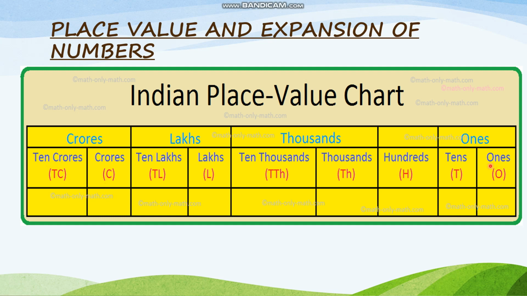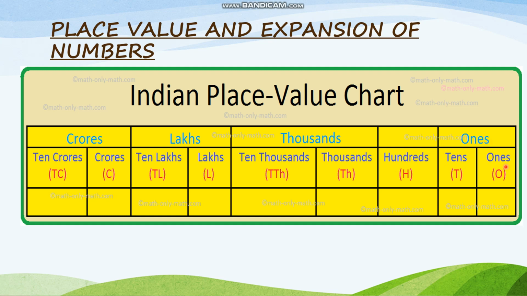Okay, so which are the places? Ones place, tens place, hundreds place, thousands place, 10,000s place, lakhs place, 10 lakhs place, crores place, 10 crores place. And do you know what periods are? Ones place, tens place and hundreds place together are called the ones period.